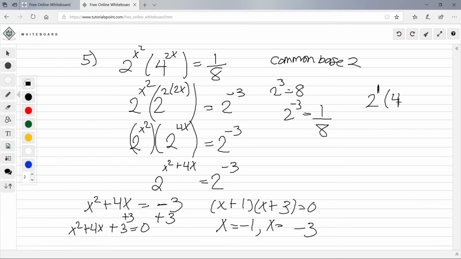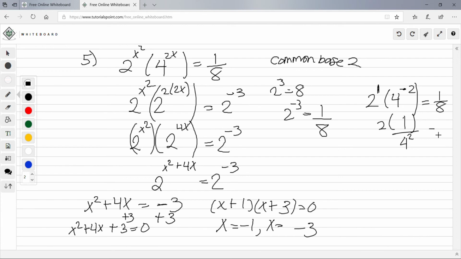So 2 to the -1 squared is 2 to the +1, times 4 to the 2 times -1, which is -2, equals 1/8. Is this true? 4 to the -2 is really 1/4 squared, and then don't forget the 2. 2 to the 1 is 2.